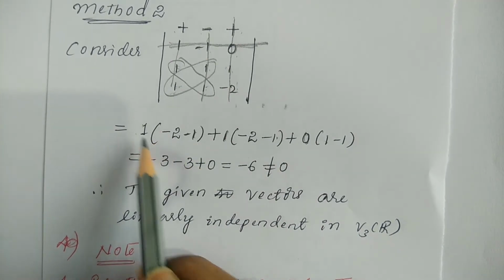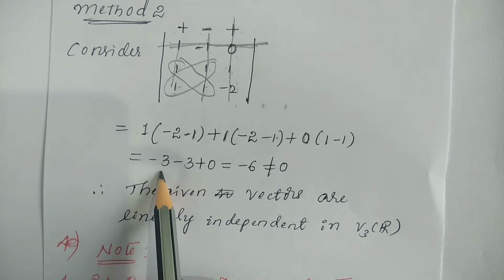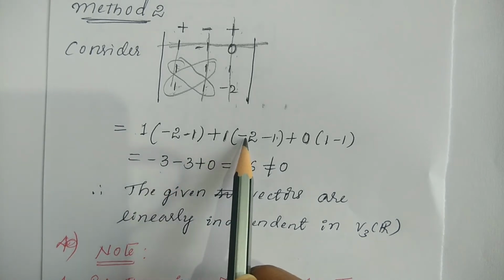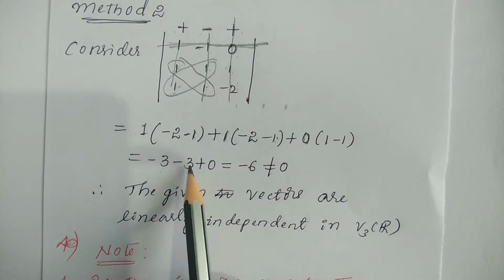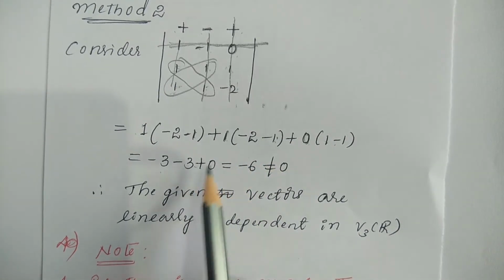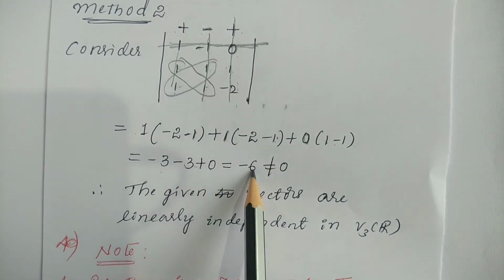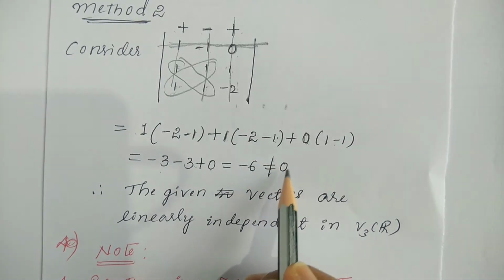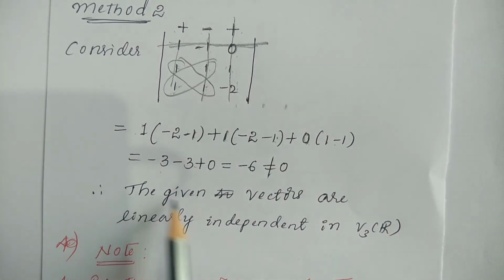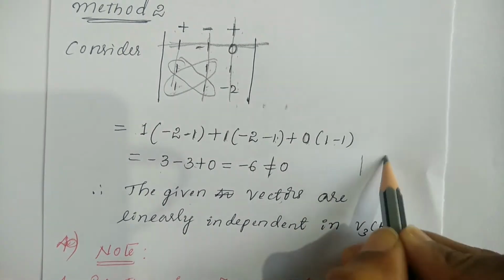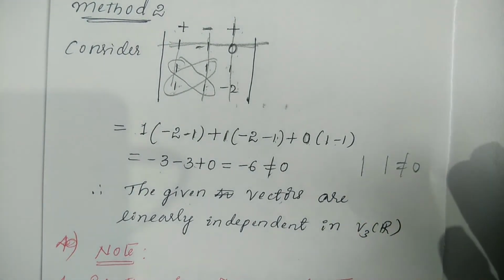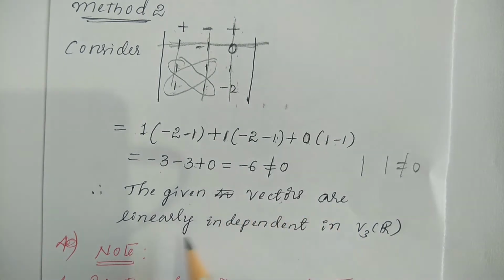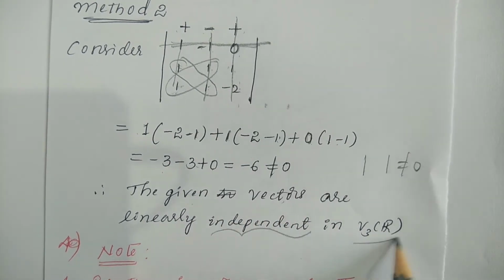Minus 3 ones are minus 3. So here minus 2 into minus 2 minus 1, minus 3 ones are minus 3. Plus 0 into anything is 0. So minus 3 minus 6, which is never equal to 0. Therefore the determinant is not equal to 0. What it means is that the given vectors are linearly independent in V3 of R.